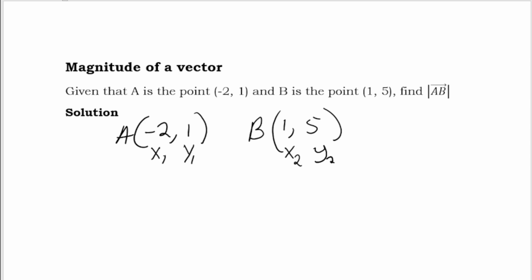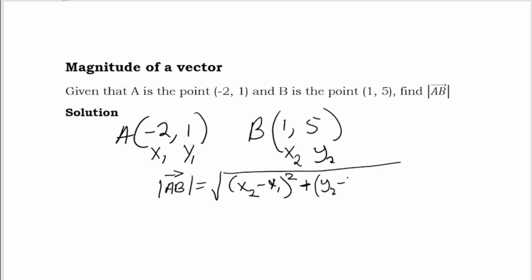Now, we know that the magnitude of a vector is given by the distance formula, which is the square root of x2 minus x1 squared plus y2 minus y1 squared.